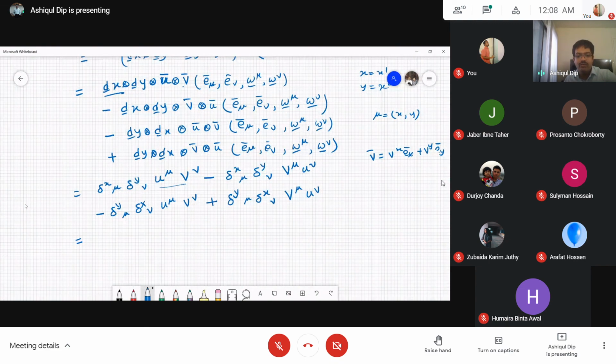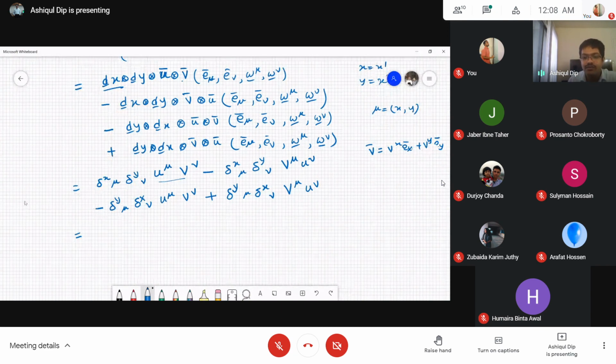So now you can see we have several terms multiplied. This term is appearing twice, I believe. The way you can factorize it is to factorize u mu v nu, this part. So what do we have in front of it? Kronecker delta x mu, Kronecker delta y nu minus Kronecker delta y mu, Kronecker delta x nu, right?